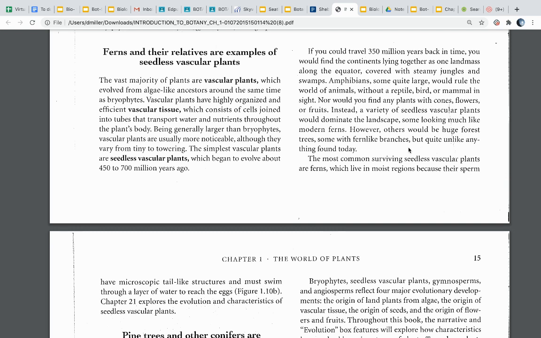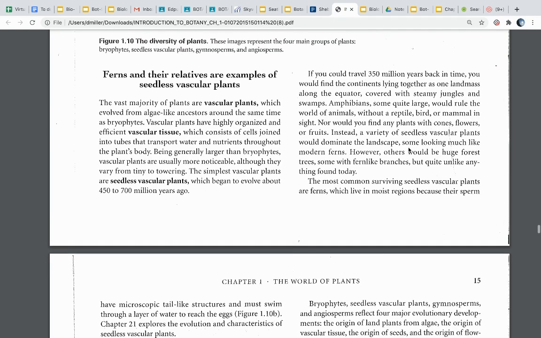Being generally larger than bryophytes, vascular plants are usually more noticeable, although they vary from tiny to towering. The simplest vascular plants are seedless vascular plants, which began to evolve about 450 to 700 million years ago.